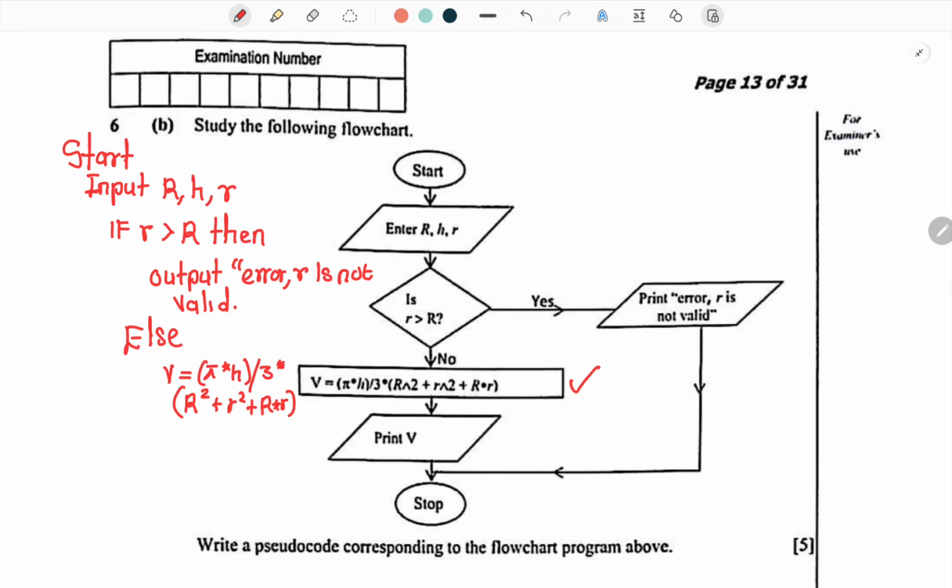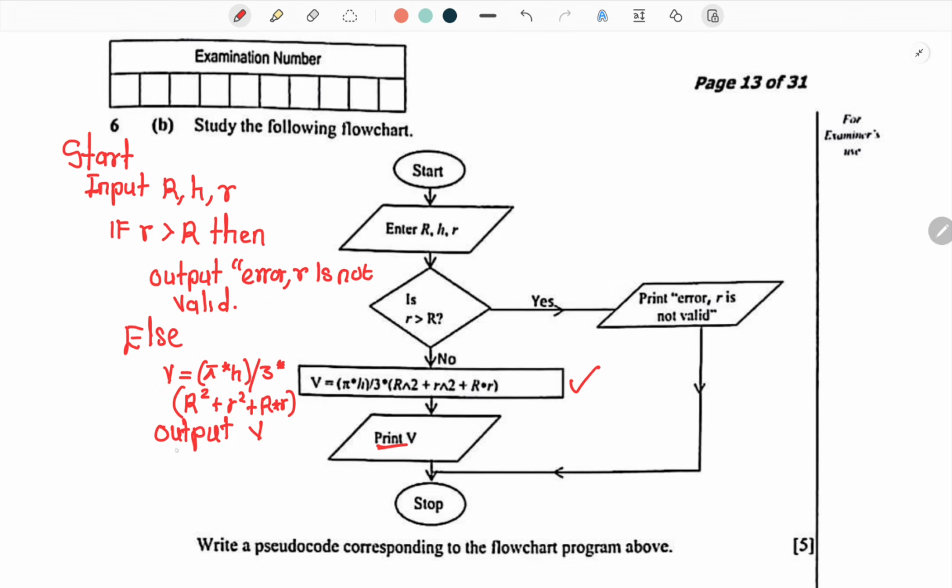From there, what else? They are saying print. What is print? I said print is output. I said print is the output. So you write it in the same line, output V. Then you end if.